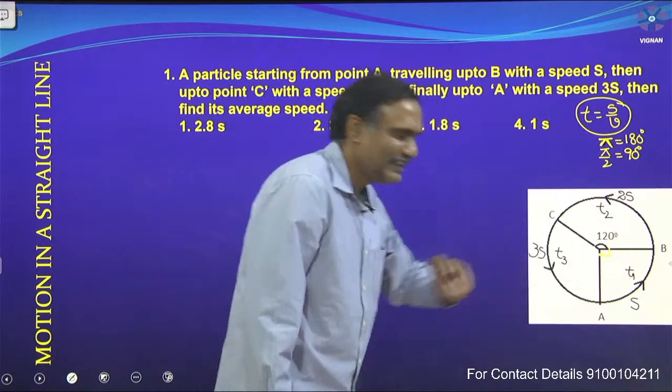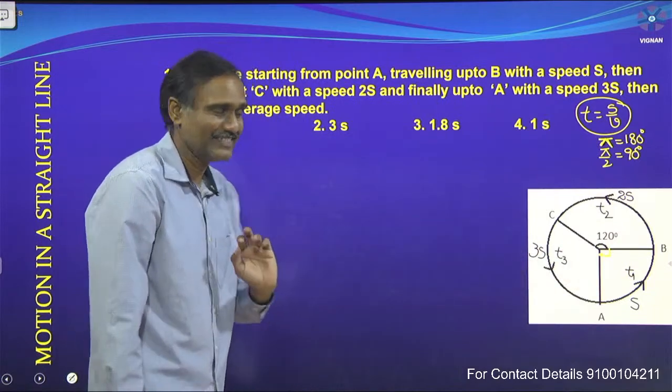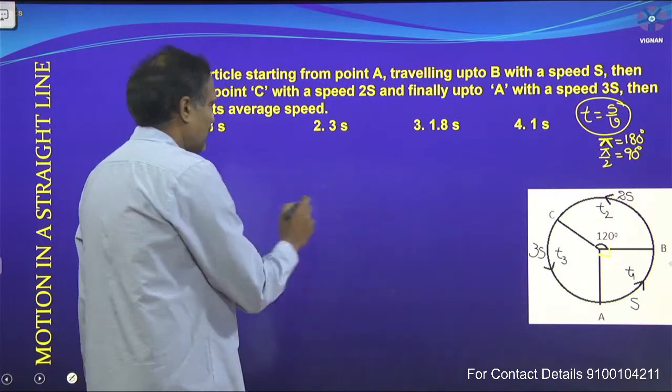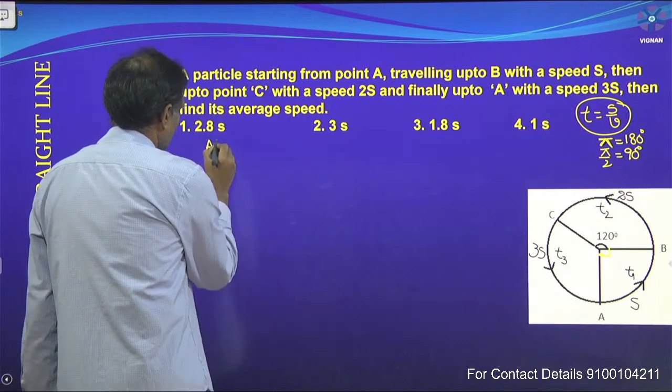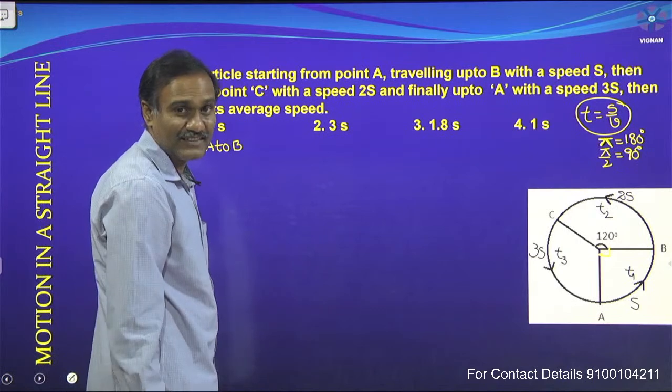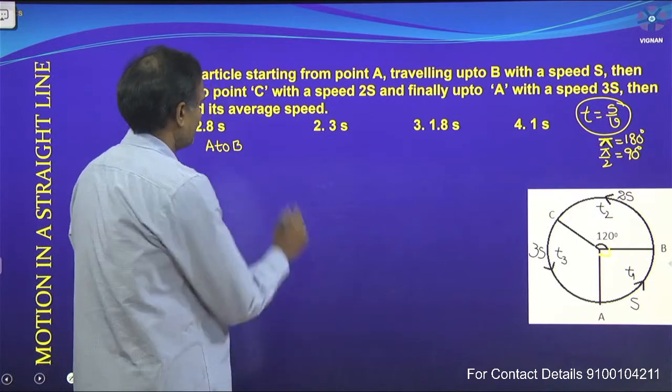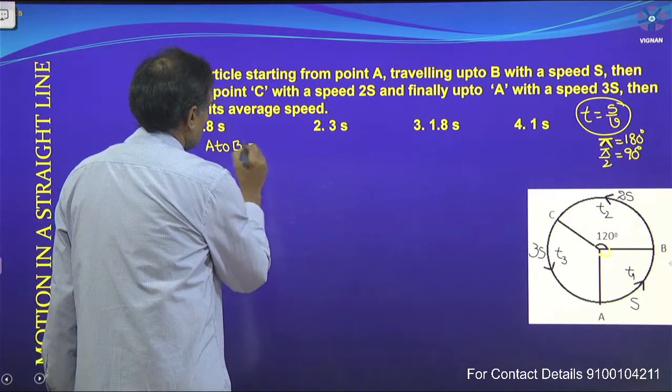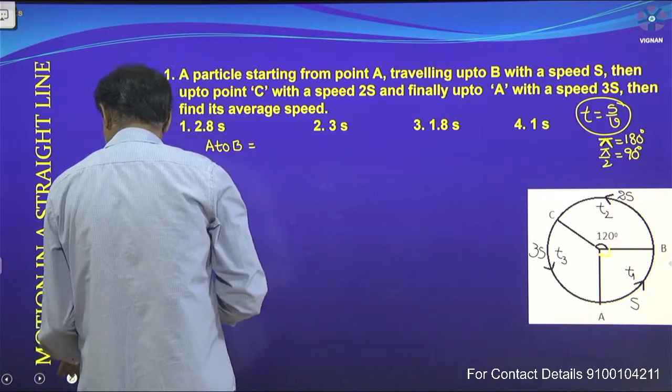Therefore, A to B, what is the path length? Tell me, what is the path length? R into theta.